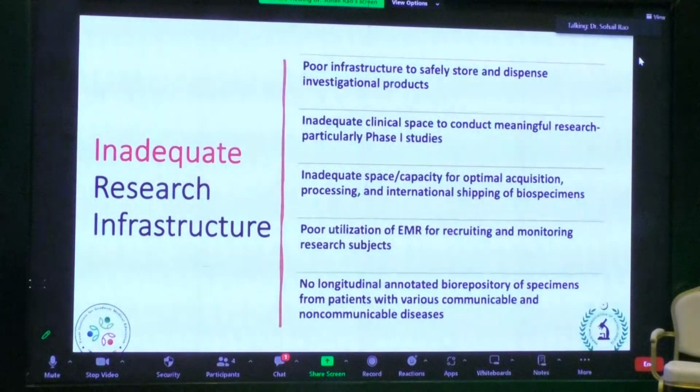And there is no longitudinal annotated biorepository of specimens from patients. There are patches of biorepositories here and there, but some of those samples are not annotated, so there is really no value in those samples if we do not know what the pathology was, what the course of the disease was for this person, and what the demographics were.